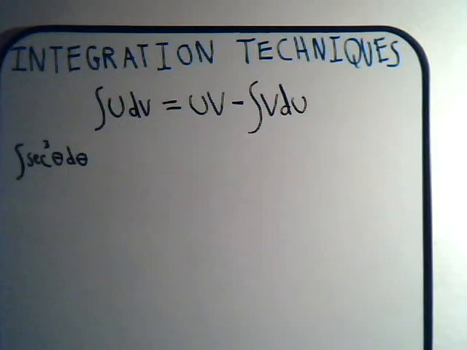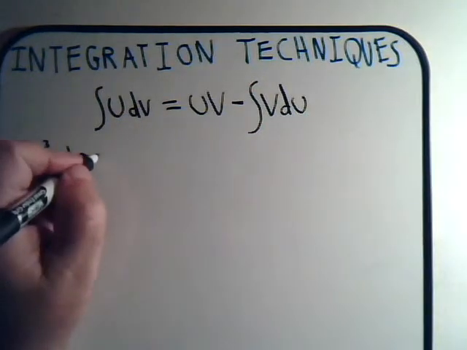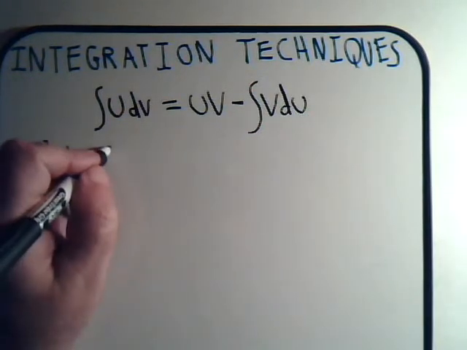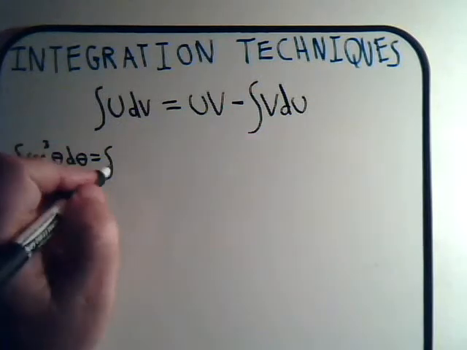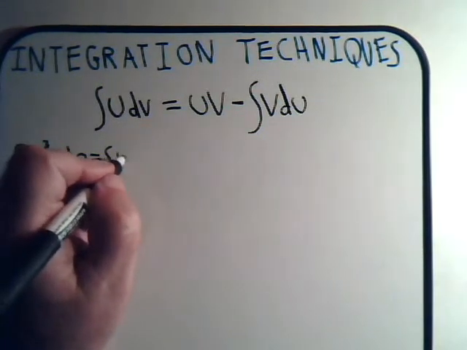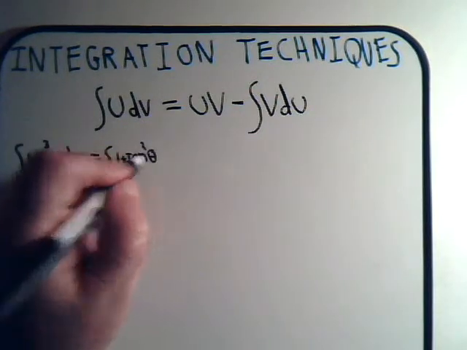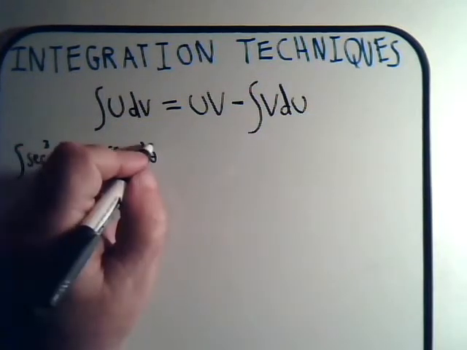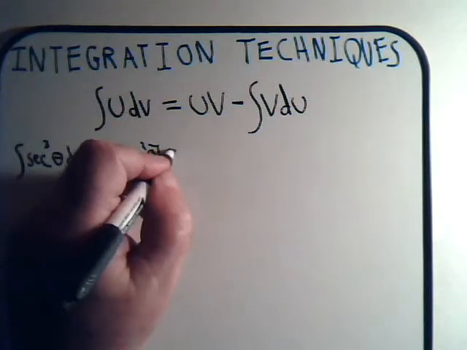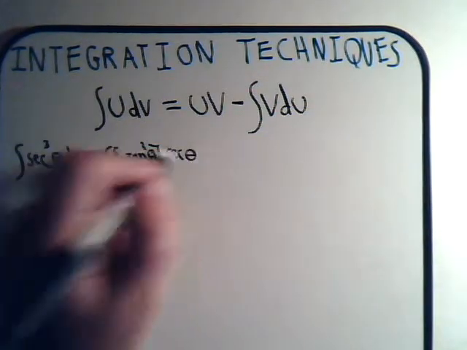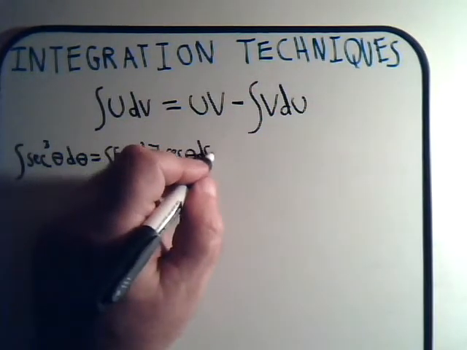What happens if we try to rewrite it then, like this, 1 plus the tangent squared of theta times the secant of theta d theta.